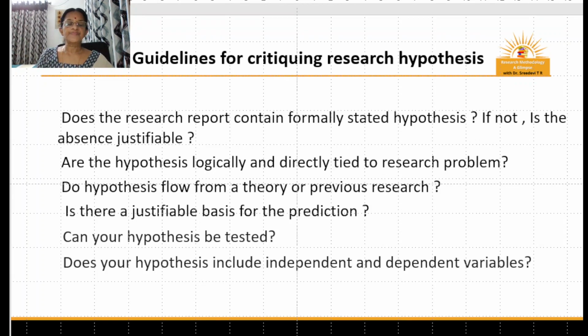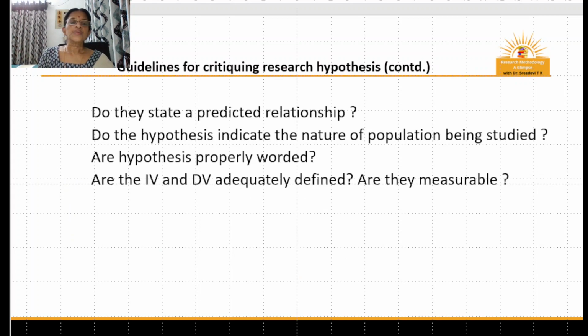Can your hypothesis be tested? Does your hypothesis include independent and dependent variables? Do they state a predicted relationship? Do the hypotheses indicate the nature of population being studied? Are hypotheses properly worded?